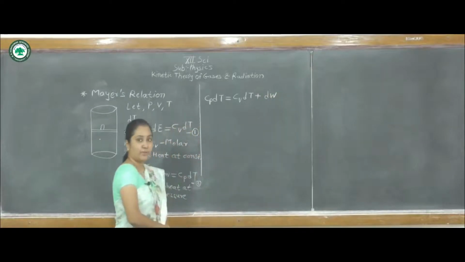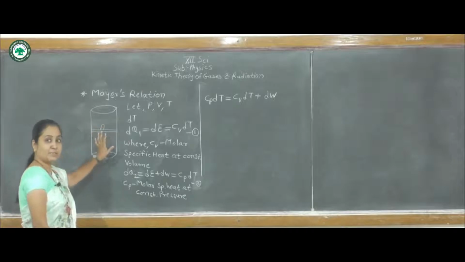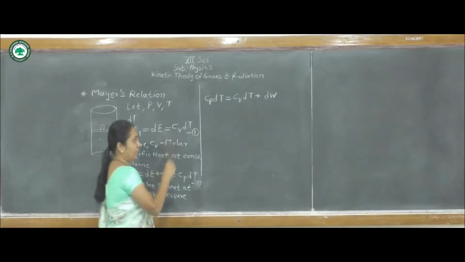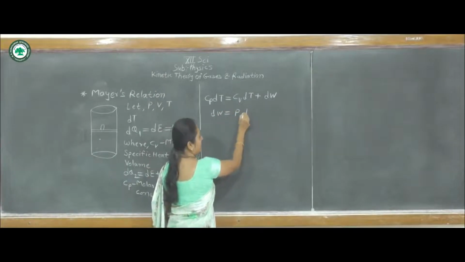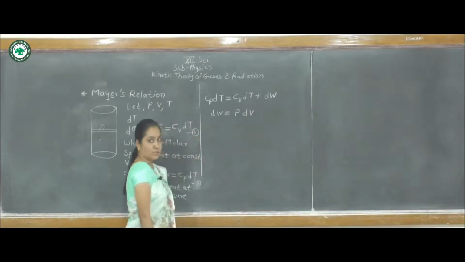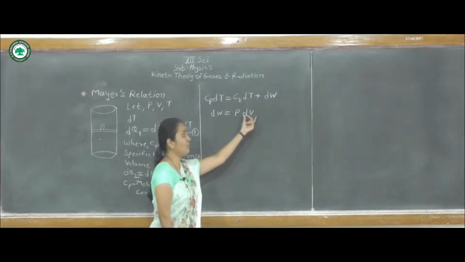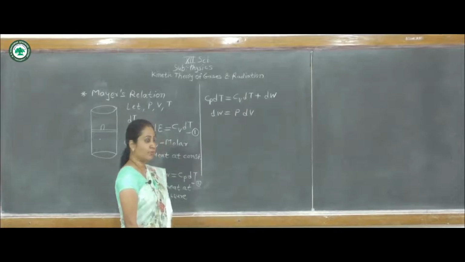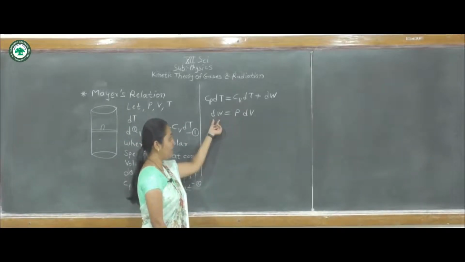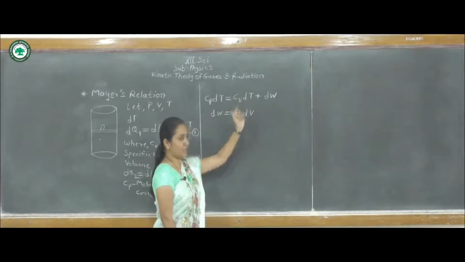The work done for moving this piston is dW, and this work done is given by P dV, because the work is done at constant pressure and the volume is changing. So we can substitute dW equal to P dV in this equation.